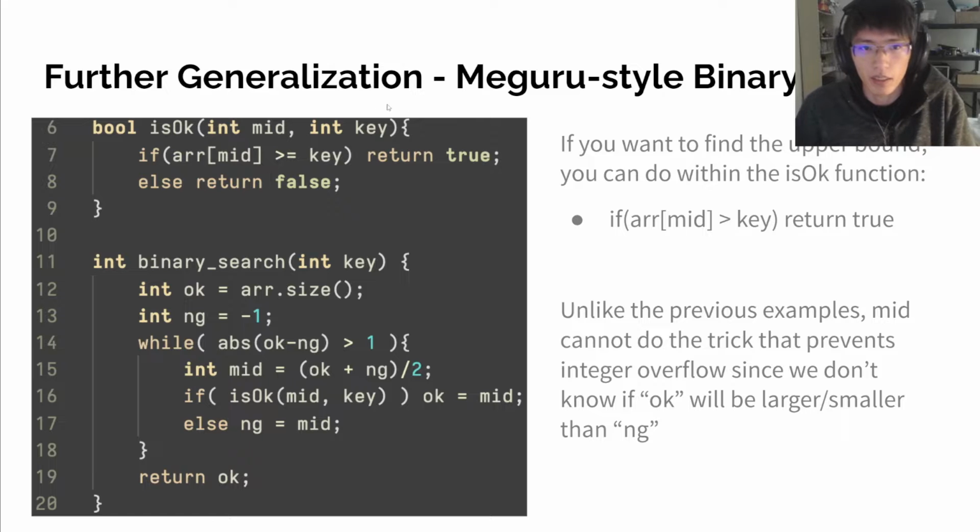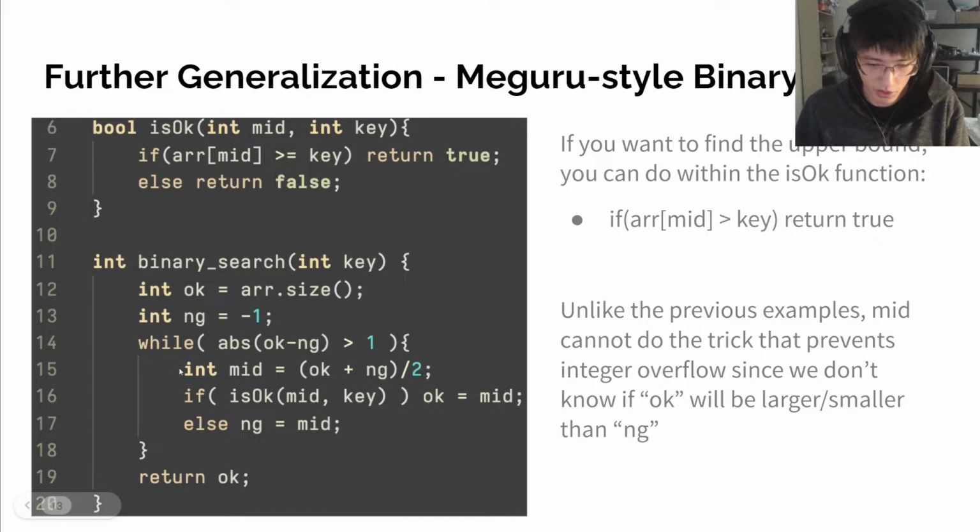And then you can generalize this further, and this is called Meguru-style binary search specifically, where you put one part as okay and one part as bad or not good, and then you can set the absolute value of the okay region minus the not good region, and work off of it like that. And that makes it even more generalized.